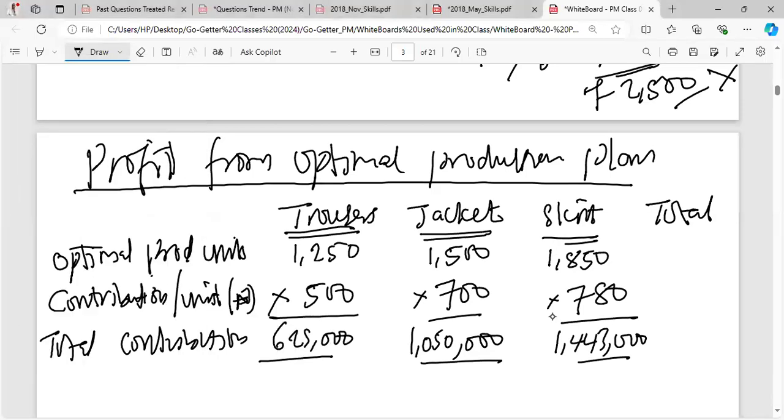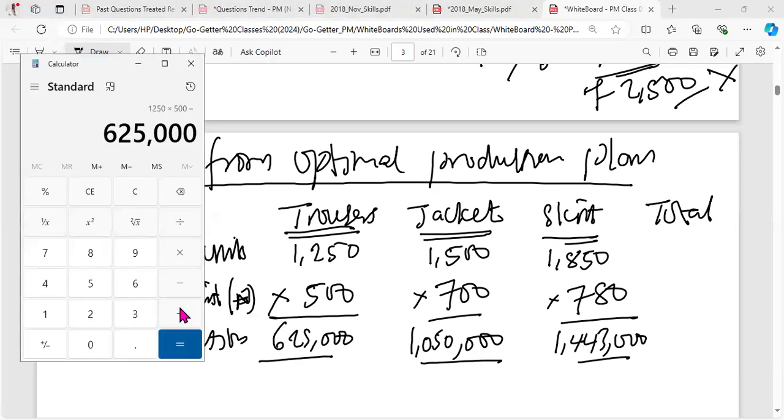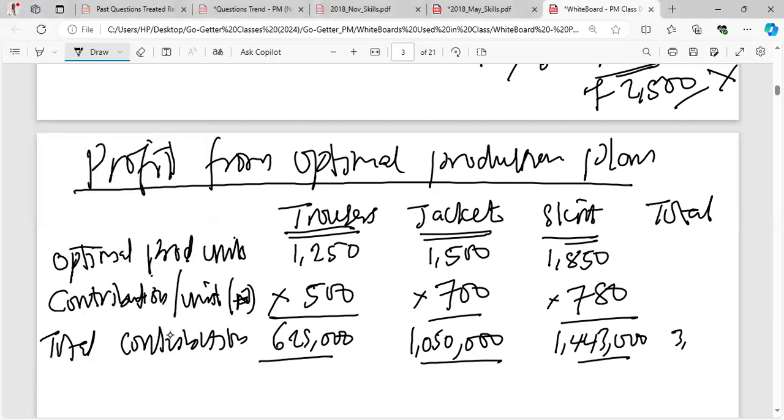I'll add everything up: 625,000 plus 1,050,000 plus 1,443,000 will give me 3,118,000.